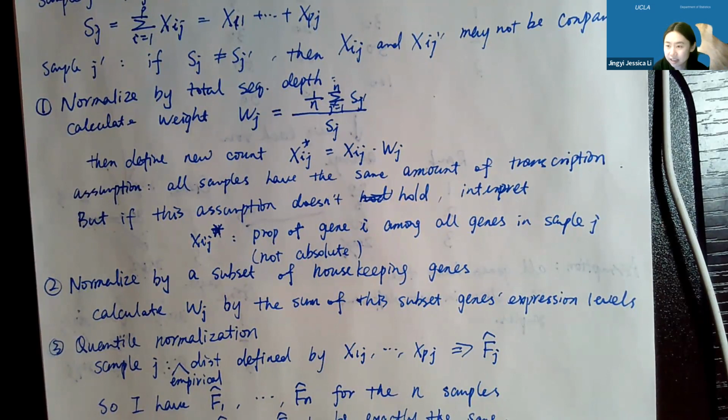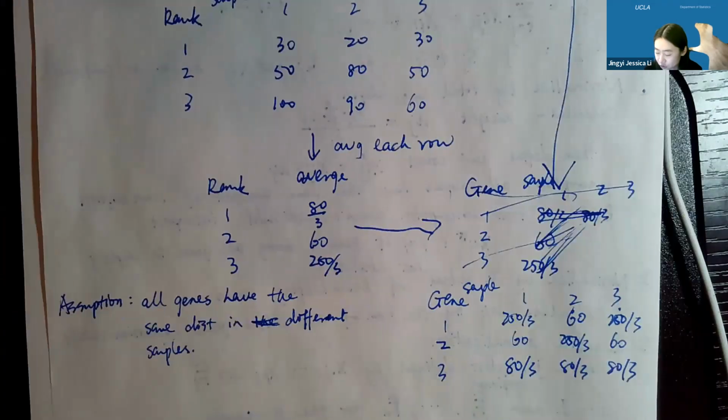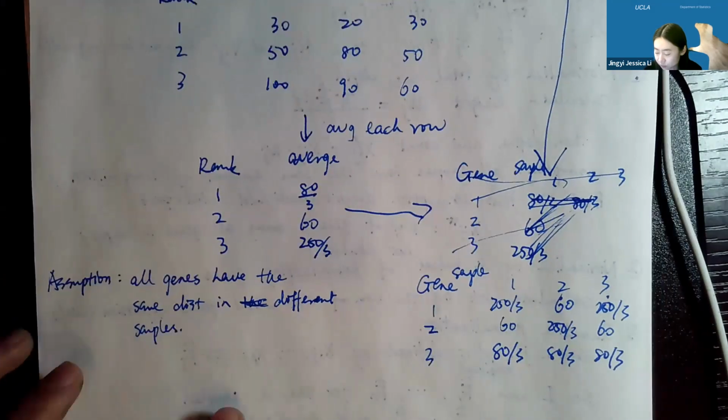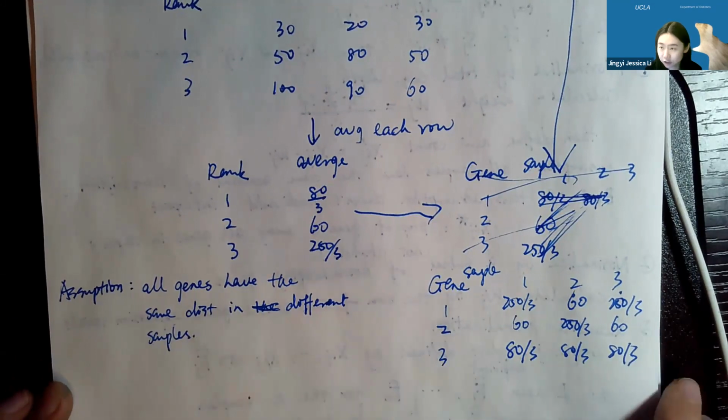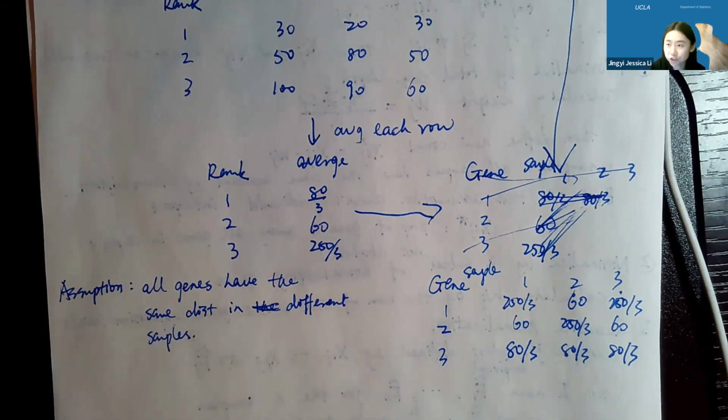Last time we said that it only makes sense when you assume that the overall transcription distribution across all genes is unchanged, and you believe that only a small proportion of genes undergo expression changes, and their changes will not alter the overall distribution of all genes. That's the assumption you're making here.